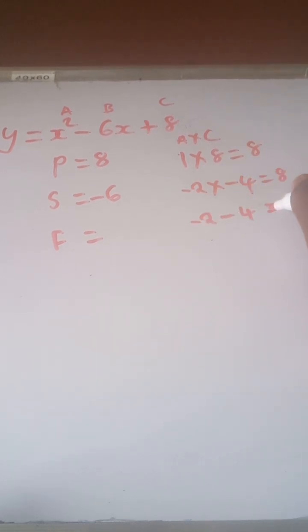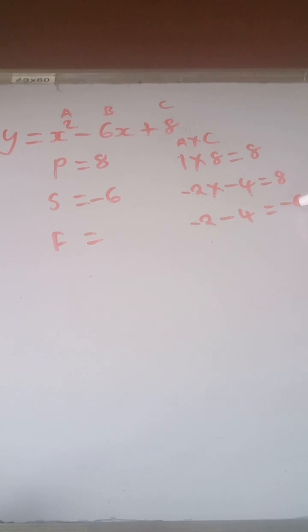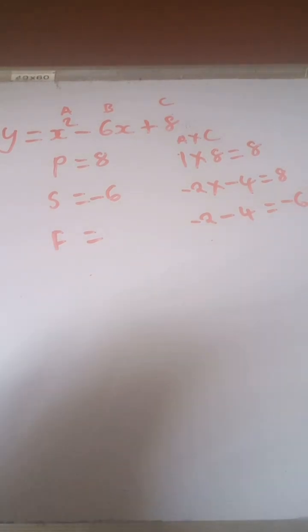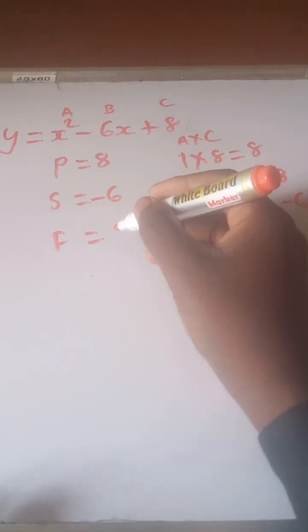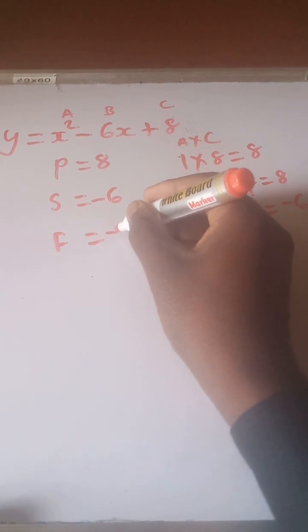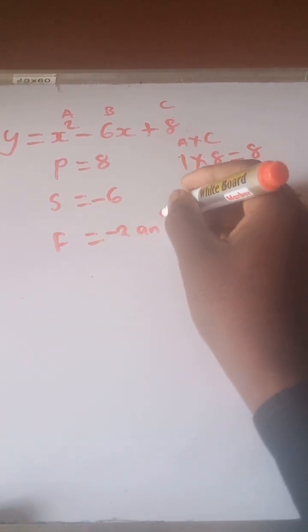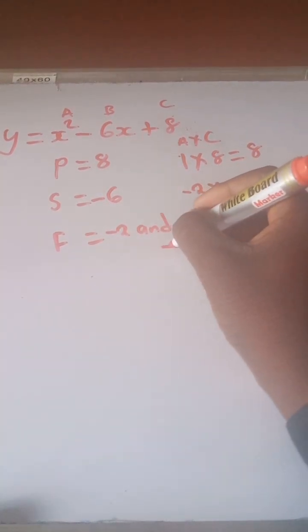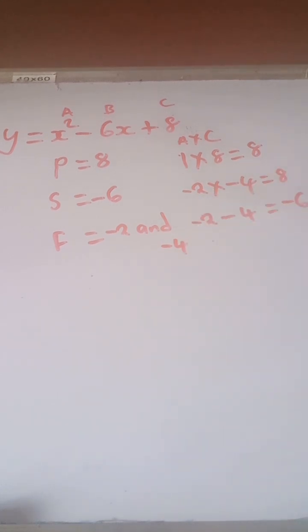Negative 2 minus 4, you get negative 6. So these two factors are perfect. They are the ones I'll put. So my two factors are negative 2 and negative 4.